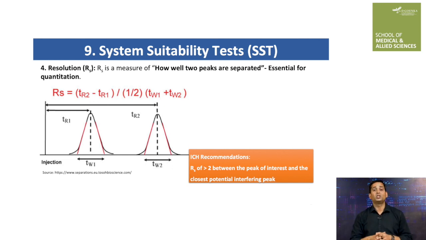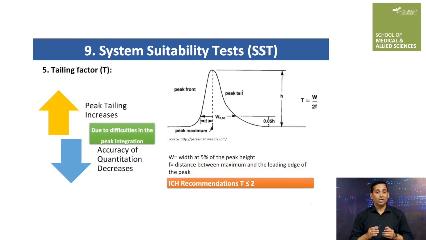Resolution between two HPLC peaks can be calculated by the formula mentioned on the slide. As per ICH guideline, resolution between the peaks of interest and the closest potential interfering peaks must be greater than 2.